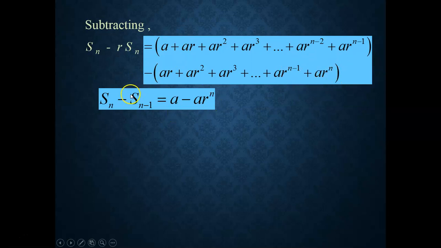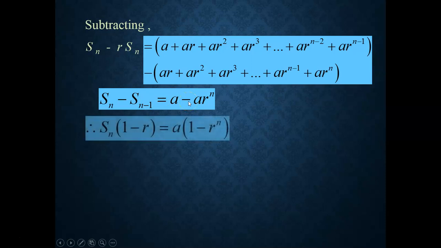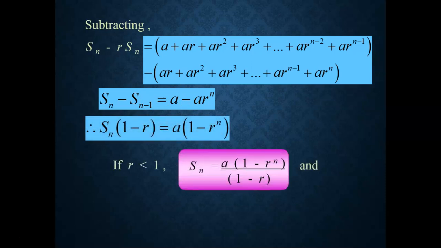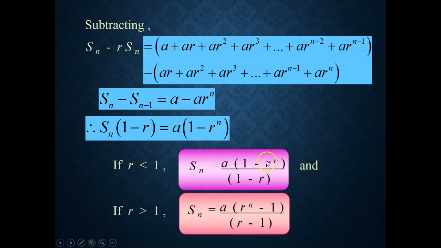And this here is actually equal to Sn minus R Sn. So that gives you your formula for the nth partial sum of a geometric sequence: Sn equals A times 1 minus R power n, divided by 1 minus R.